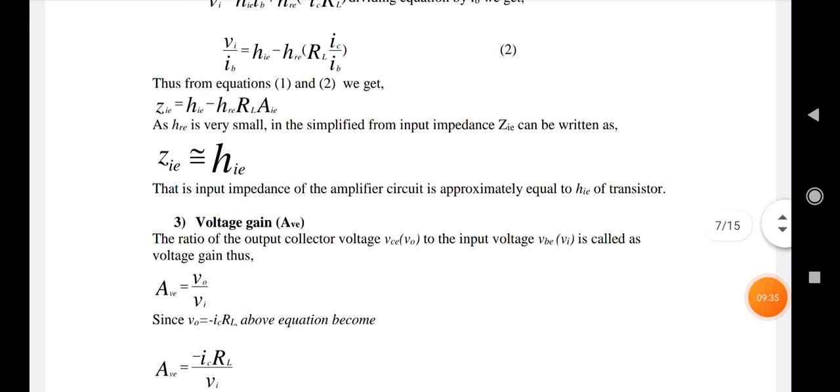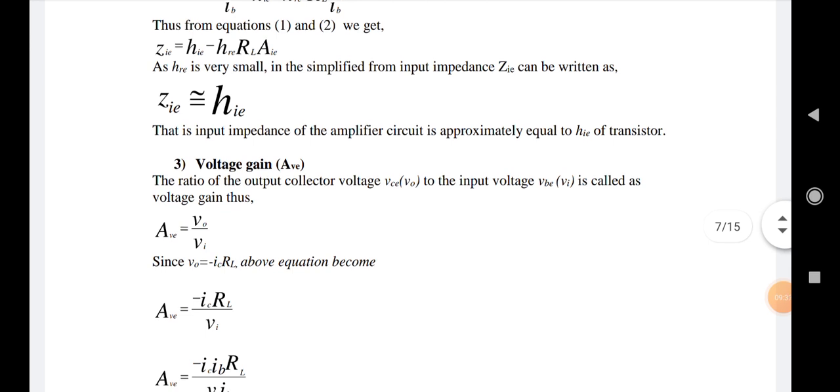Then third parameter, voltage gain. The ratio of output collector voltage, means voltage between the collector and emitter, because emitter is common, and it is denoted by V_o, to the input voltage, input voltage means voltage between the base and emitter, means V_be, and it is denoted V_i, is called as voltage gain.